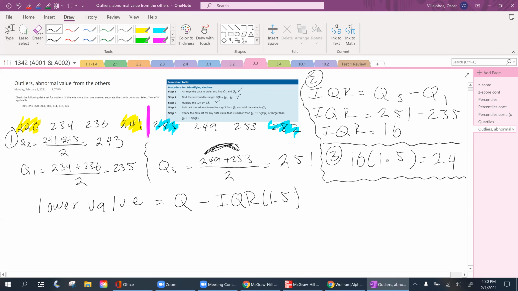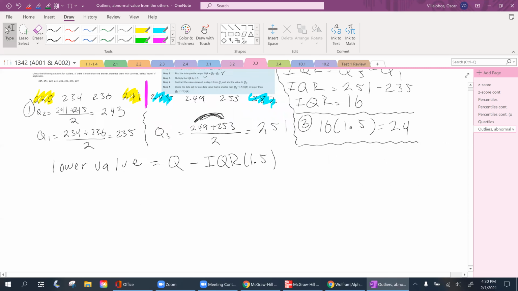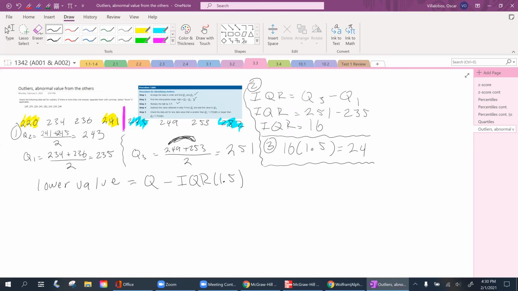And to find your large fence, your large value, this is going to be Q3 plus IQR times 1.5.